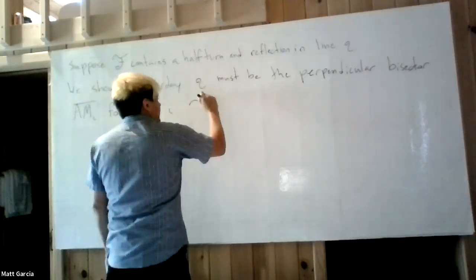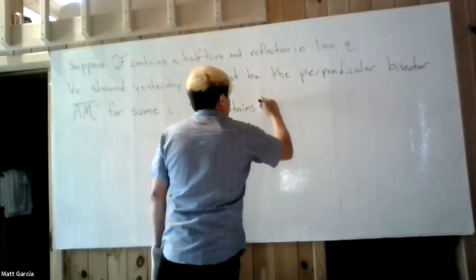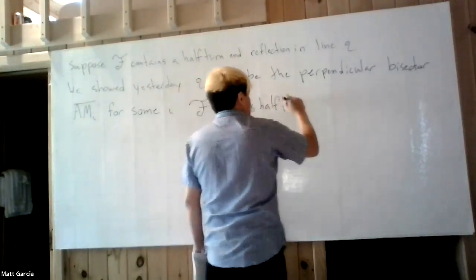Furthermore, we know that F contains half turns by assumption.